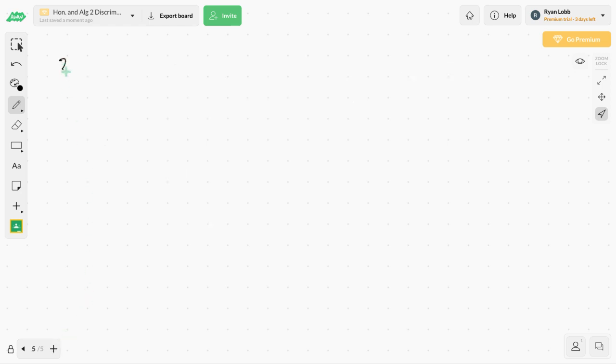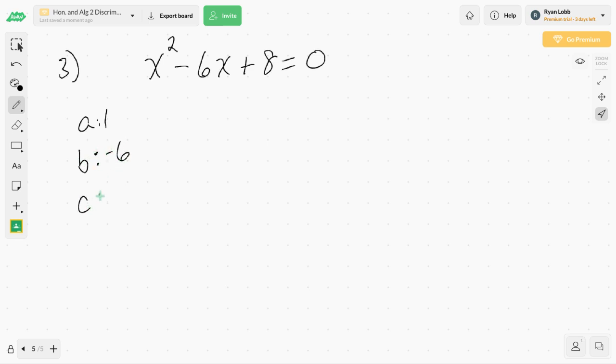And let's go third one. X squared minus 6x plus 8 equals 0. A, 1, B, -6, C, 8. Template for your discriminant.